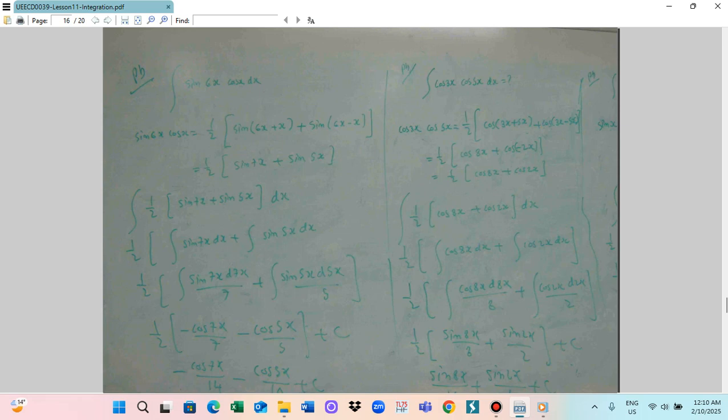We now use the formula for cos 3A cos 5A: half into cos(3A plus 5A) plus cos(3A minus 5A).